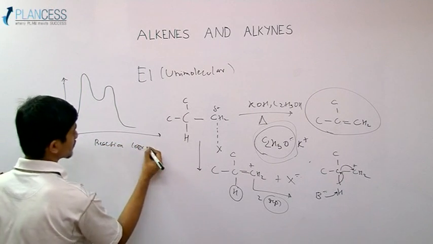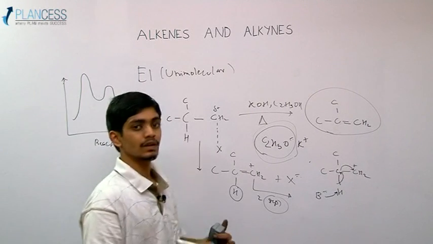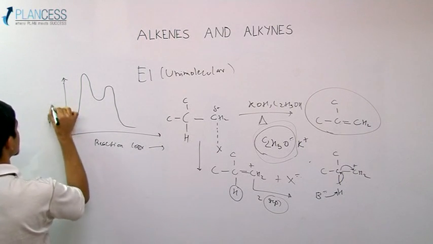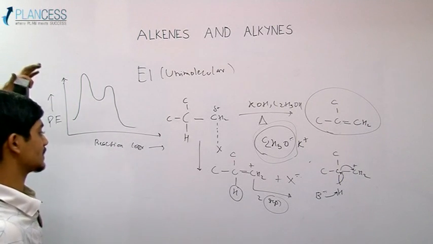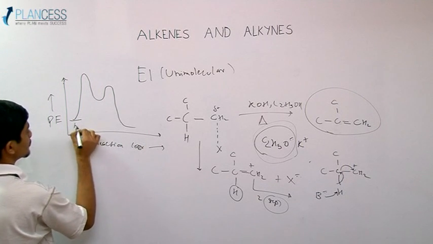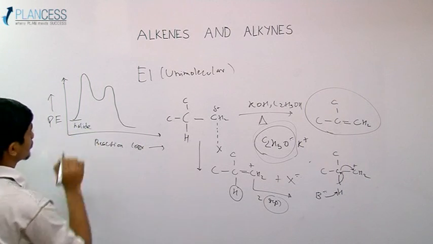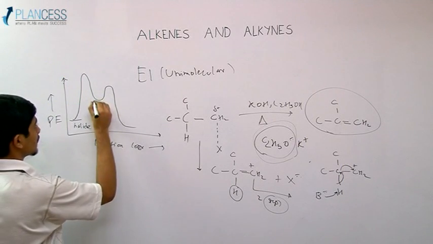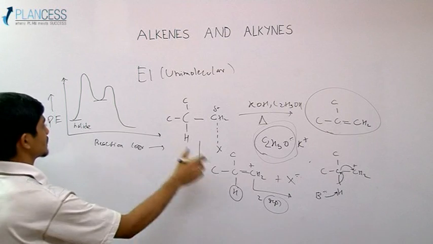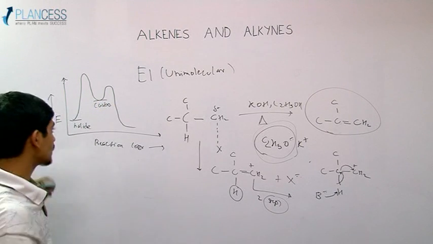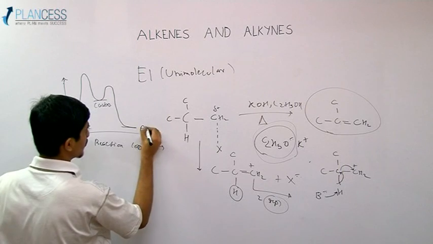The reaction coordinate represents the species that form continuously in the reaction, and this is the potential energy, which is increasing. Our initial reactant, which is the halide, is over here. It goes to a peak and comes down, and here what we get is the carbocation. And here what we get is the alkene.